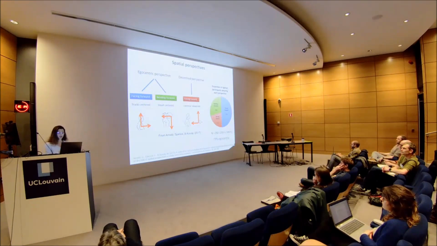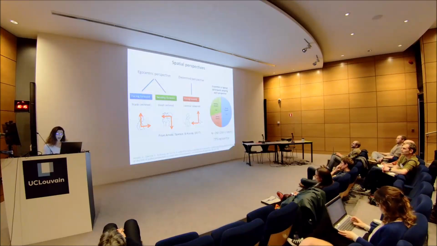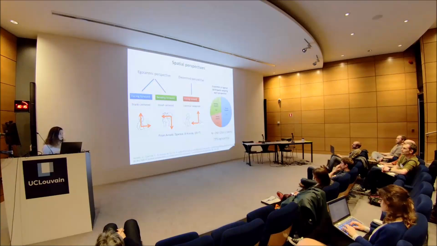In other words, they were just asked to report the letters they felt without any constraints. We compiled the results across all experiments, that is on 250 participants. As you can see on the graph on the right, half of the participants adopted a trunk-centered perspective, a third a head-centered perspective, and 20% a decentered one. So there is a variability for the natural perspective.